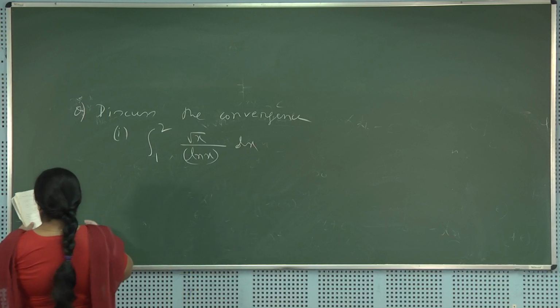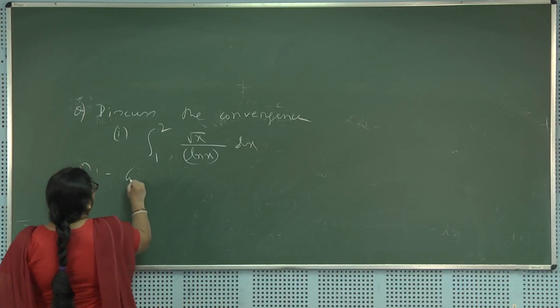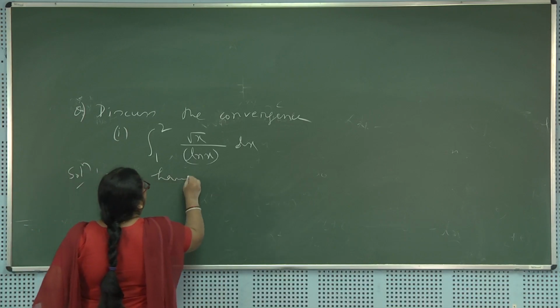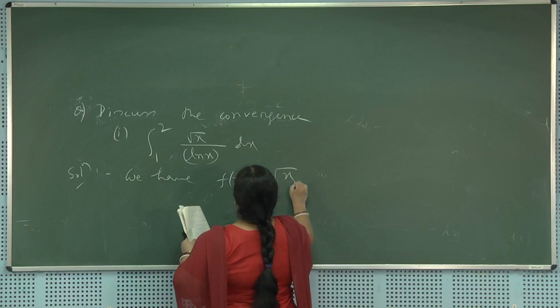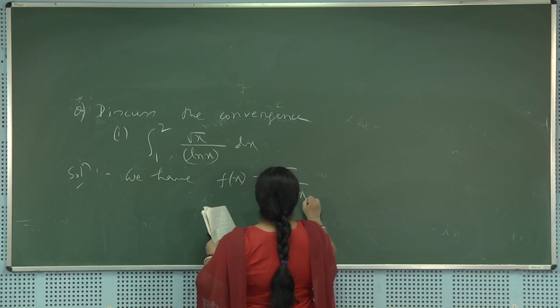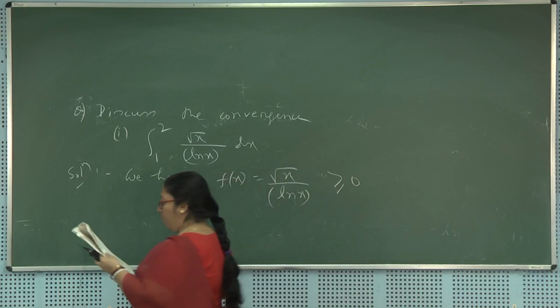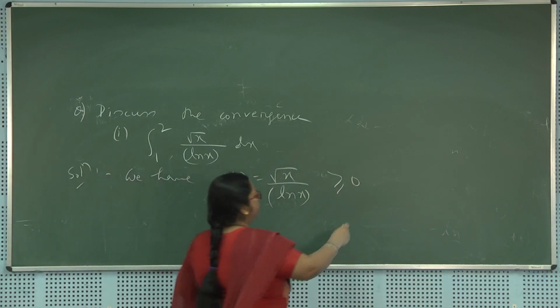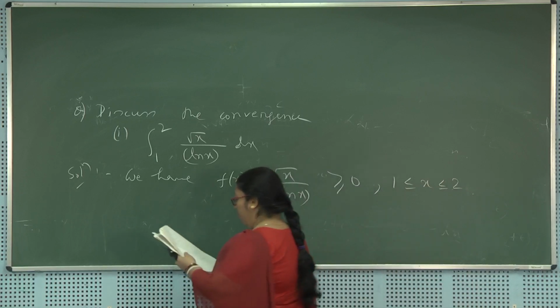Let me show how to do it. We have f of x equal to root x upon log x. Both are positive because your range is from 1 to 2. So, x is lying from 1 to 2, same sign, positive.